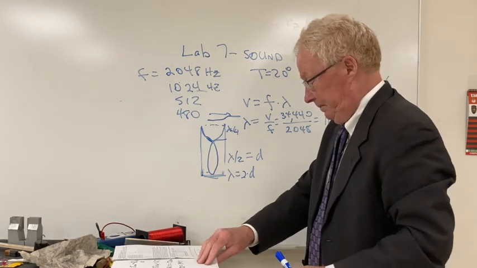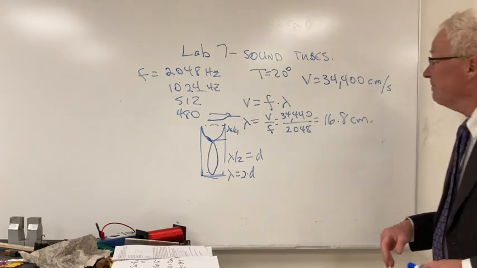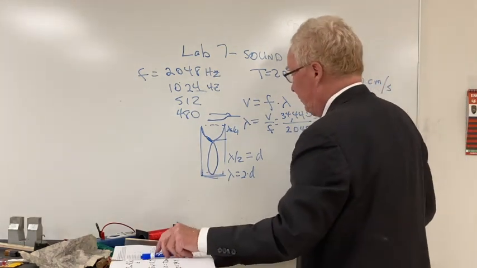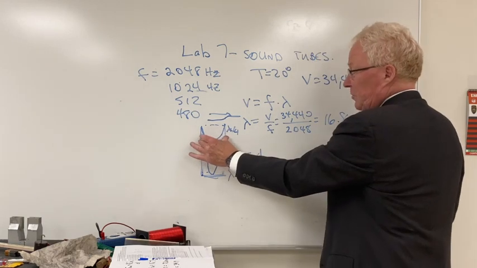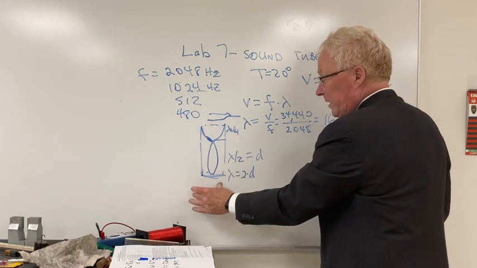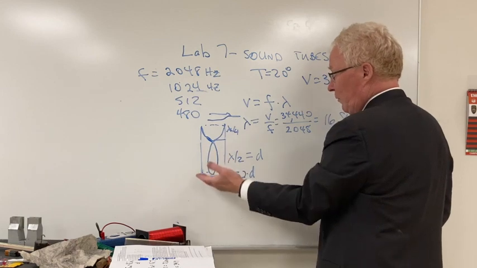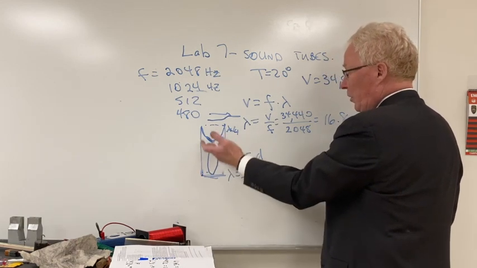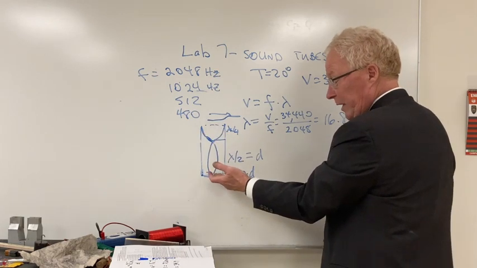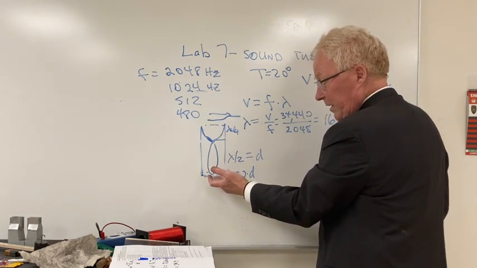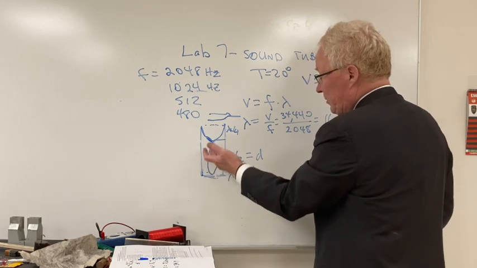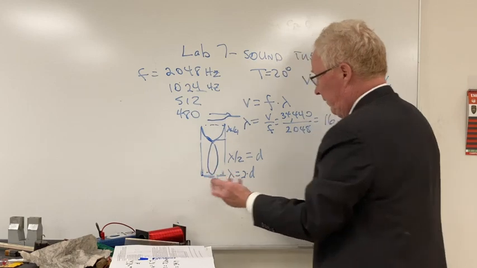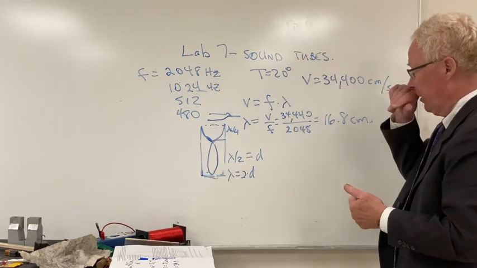All right. So what we're going to do then is adjust the tuning fork. We'll see that when I do the lab, is just to get the first sound, and then we're going to raise the tube above the water so we get the second one, and this difference is what we're going to call D. And once we have D, we'll then calculate what the wavelength is and compare it to our theoretical values.